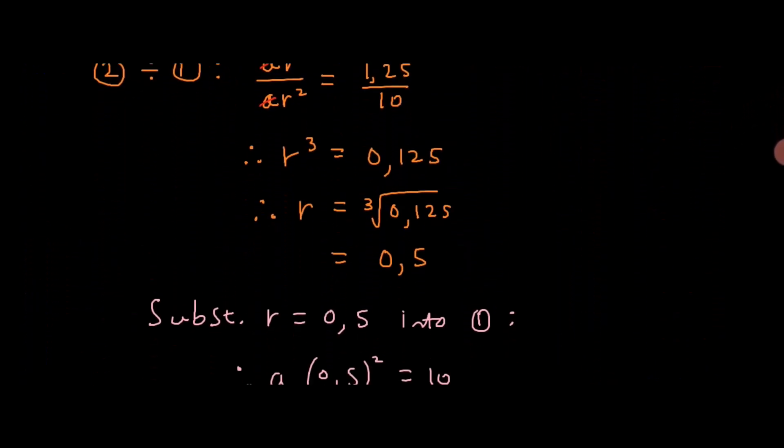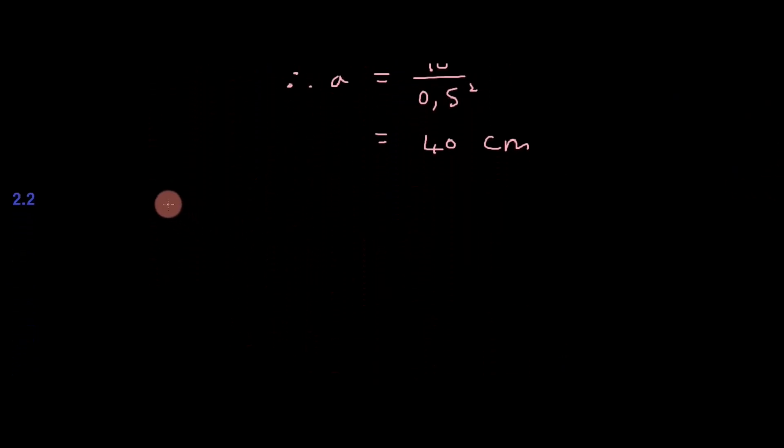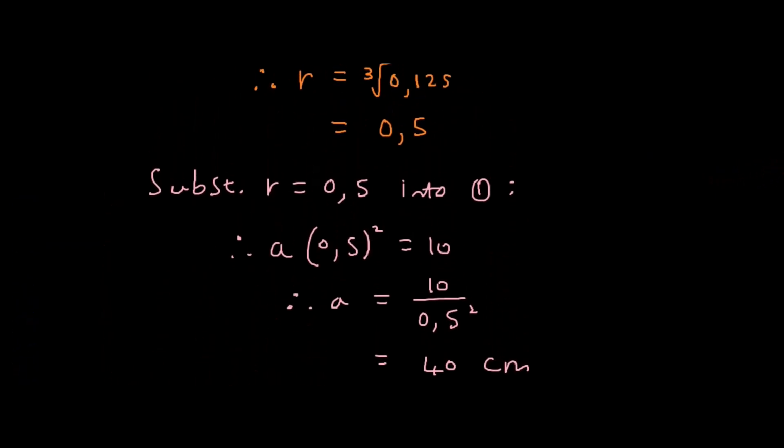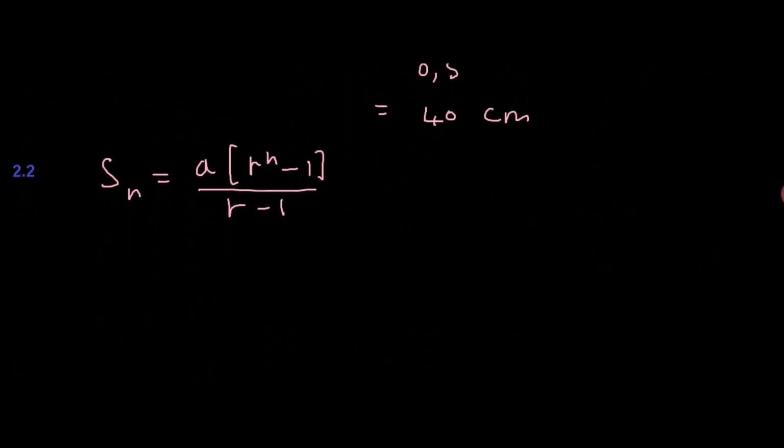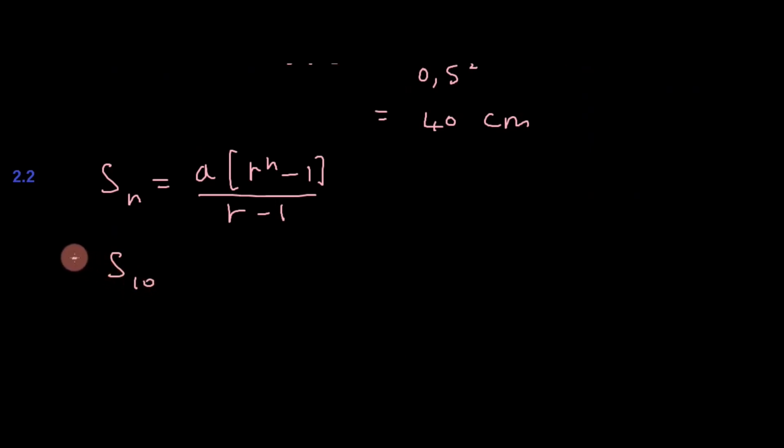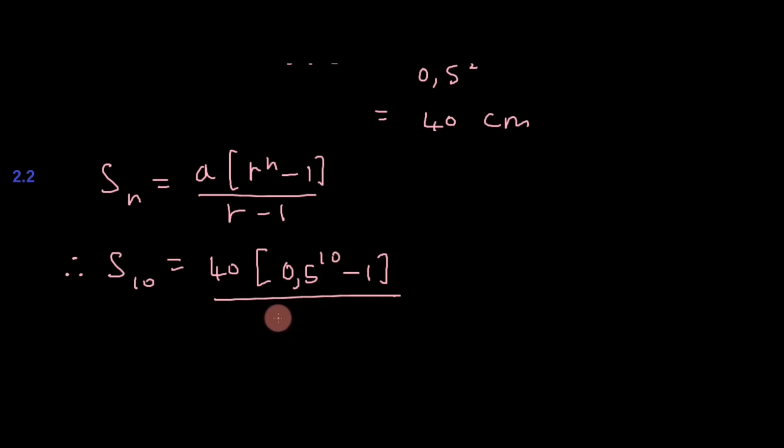So this is relatively simple because all we do is we use a sum formula. S sub n equals A into R to the n minus 1 all over R minus 1. In other words, we're adding the first 10 lengths. So then we need S sub 10. So it's A, and A we worked out to be 40. So 40 into R, which is 0.5, to the 10 minus 1, all over 0.5 minus 1.